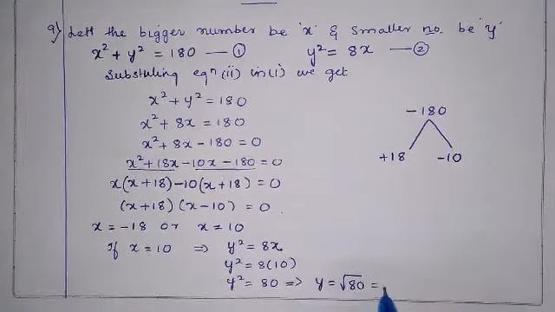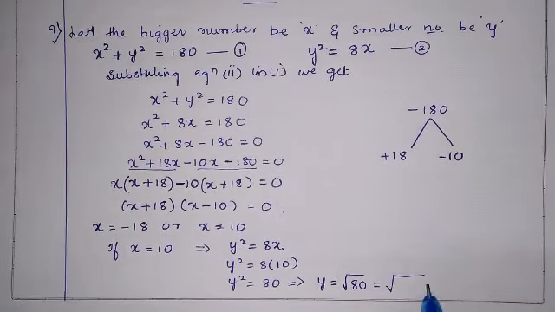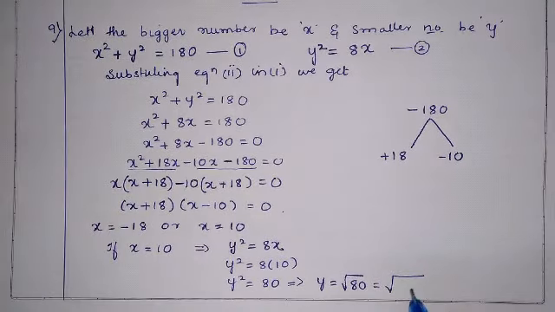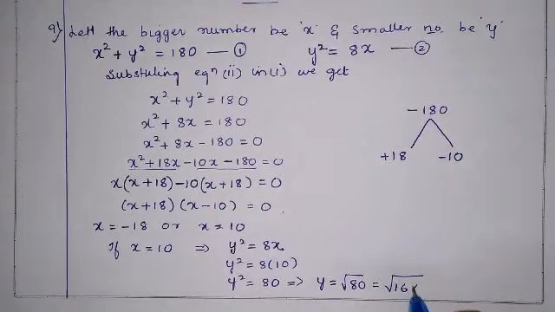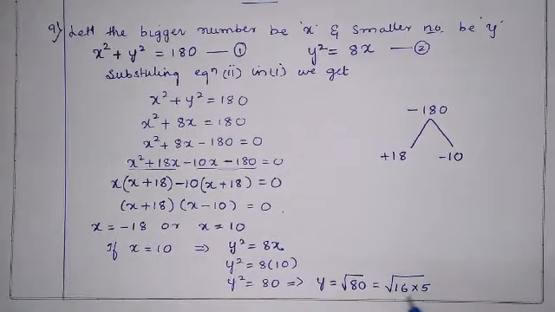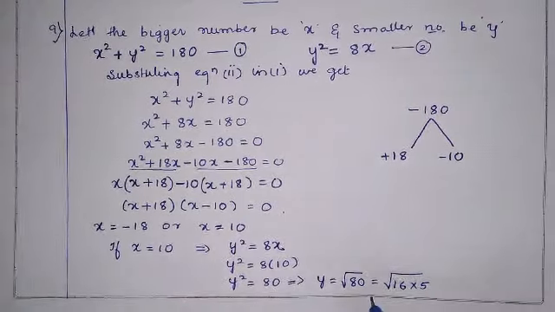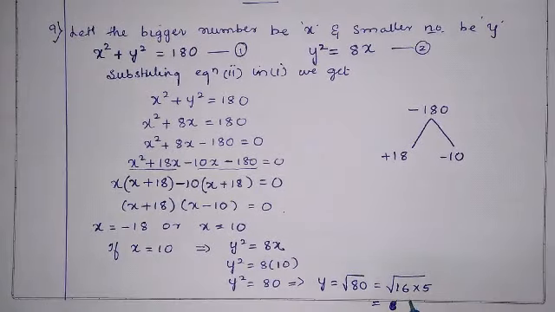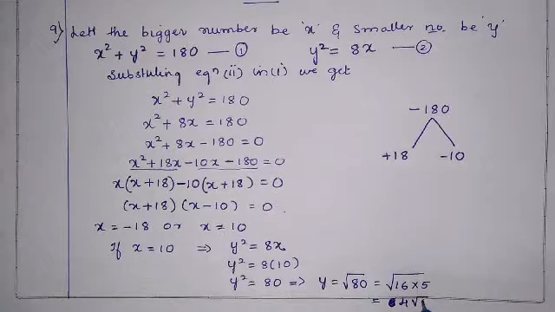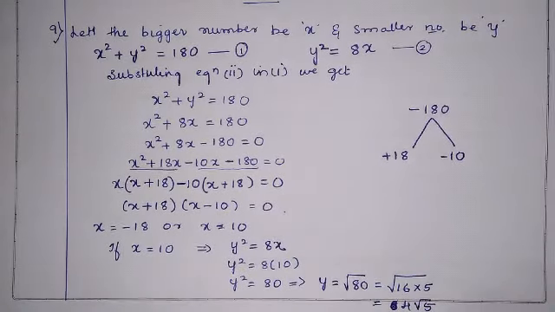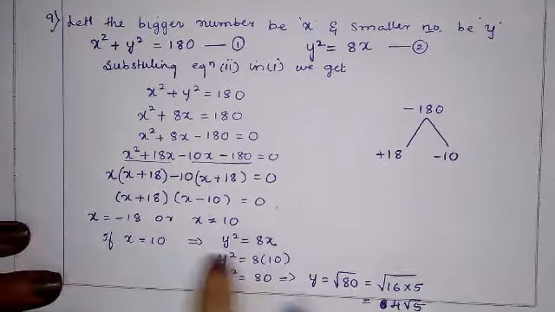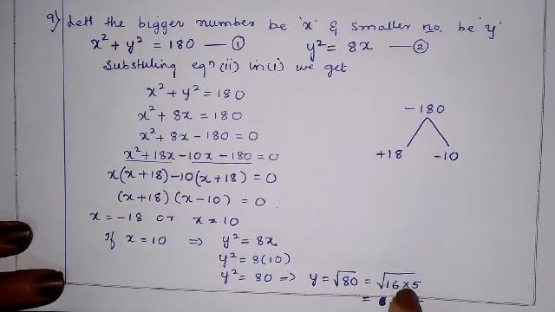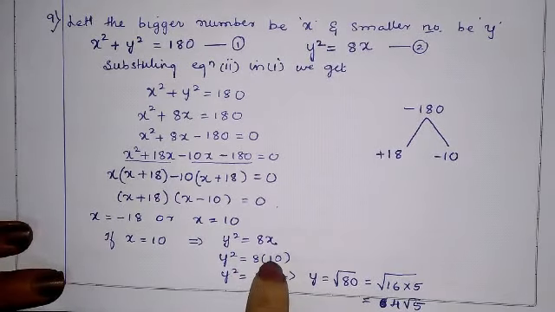Root 80 is nothing but, we know that 16 5s are 80. A perfect square number multiplied by a number. So 16 5s is nothing but 4 4s, not 8. Root 16 is 4, root 5. Therefore the numbers are, see, inside the root we cannot take a negative number. Here I have taken 8.